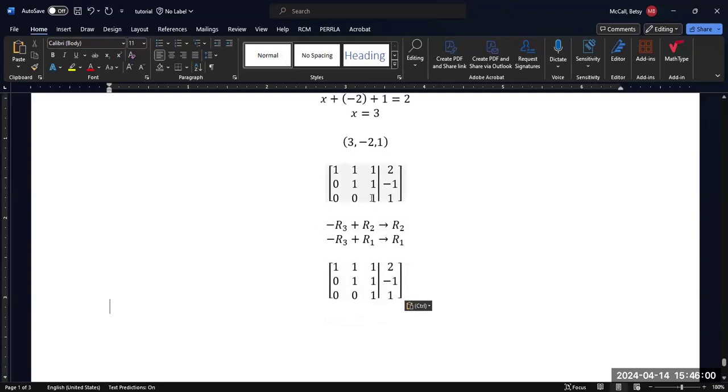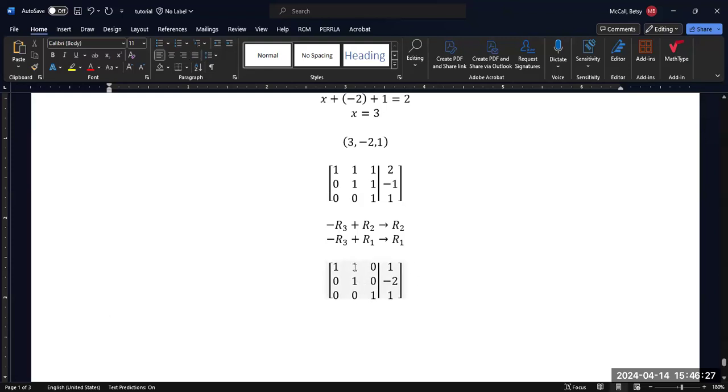So -1 added to 1 is going to give me a 0. And then -1 added to -1 is going to give me a -2. And then if I do the same thing in the top row, -1 plus 1 is going to give me a 0. And -1 plus 2 is going to give me a 1.